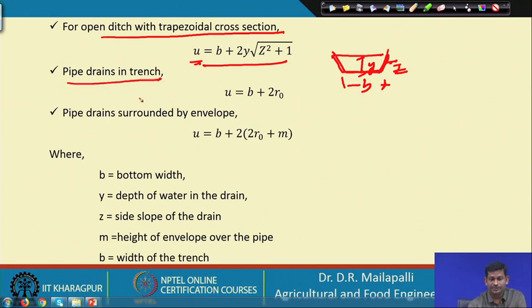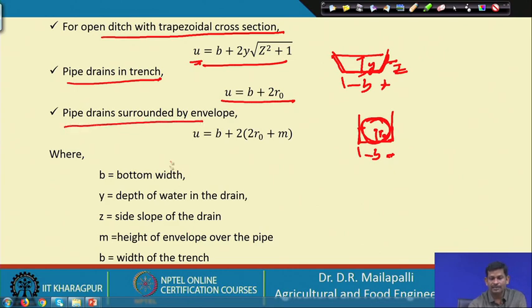For a pipe drain in a trench, suppose a trench contains a pipe drain, with B the trench width and r naught the pipe radius. Here you get r naught plus r naught, that is 2 r naught, so U is equal to B plus 2 r naught.